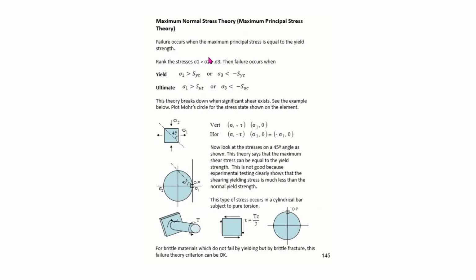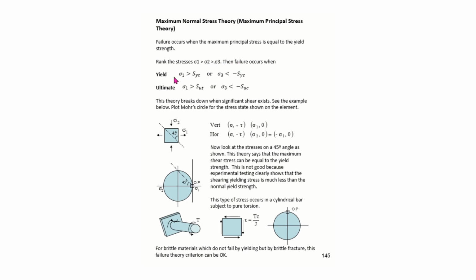So for maximum normal stress, also called maximum principal stress theory, failure occurs when the maximum principal stress is equal to the yield strength. So the idea of what we do is we rank the principal stresses. We rank sigma 1 as being the rightmost, sigma 3 as being the leftmost principal stress, and sigma 2 is the middle principal stress.